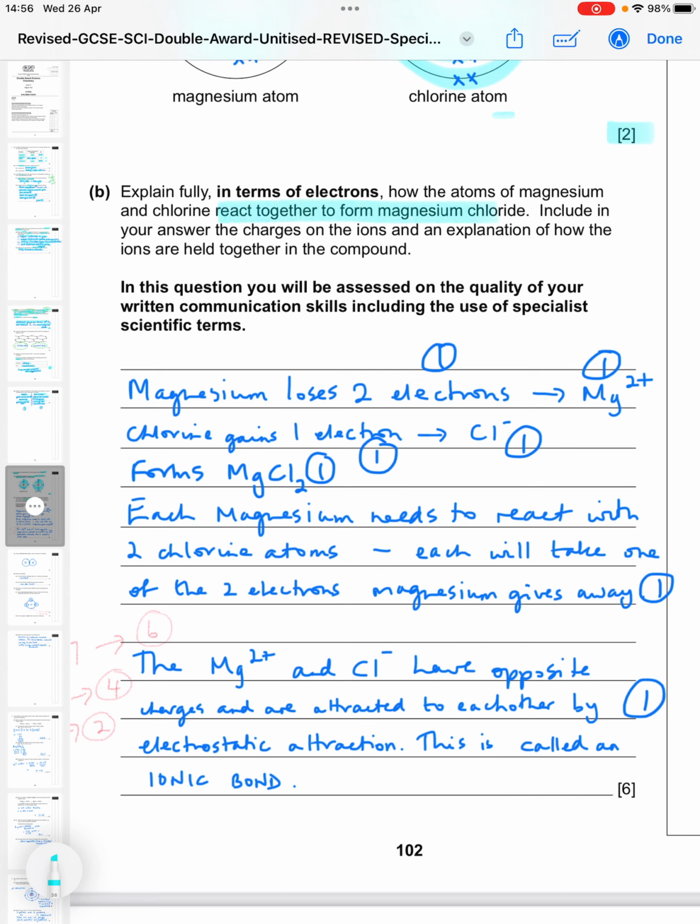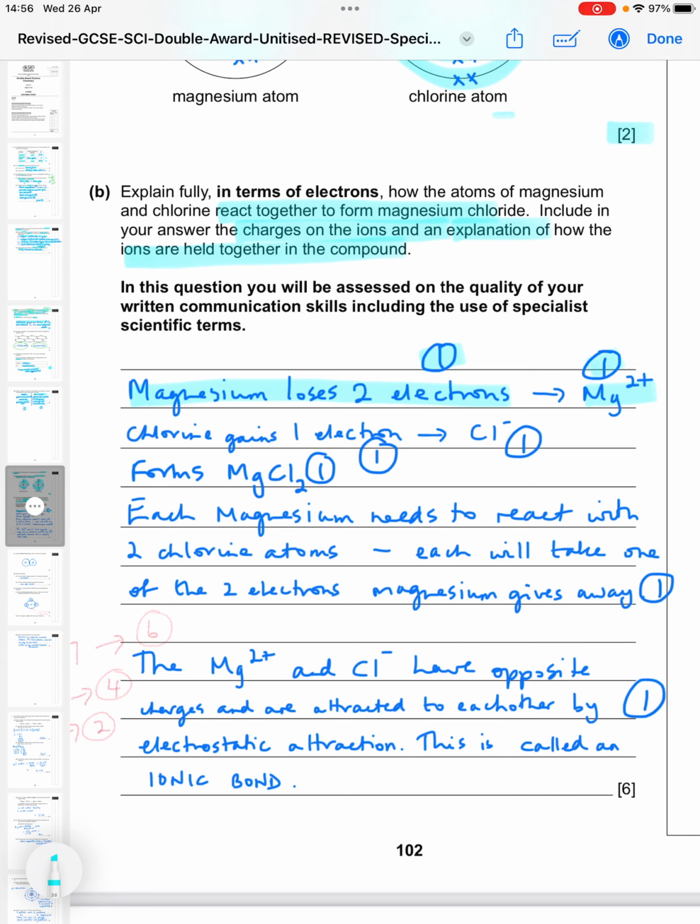And explain fully in terms of electrons how the atoms of magnesium and chlorine react together to form magnesium chloride. Include in your answer the charges on the ions and an explanation of how the ions are held together in the compound. So, first thing you're going to explain how the ions form. So magnesium loses 2 electrons to give you magnesium ion Mg2+.